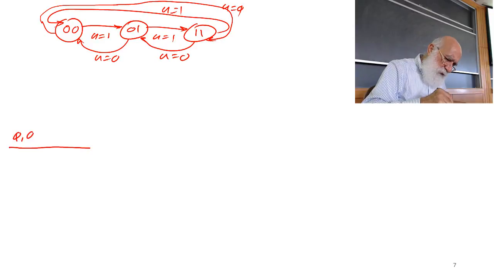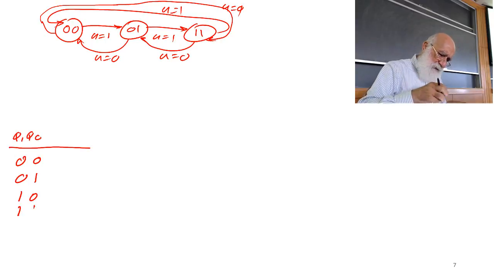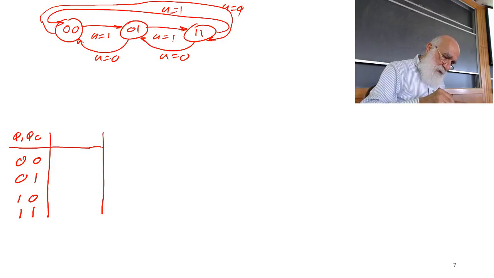Let's call it Q1, Q0, 0, 0, 0, 1, 1, 0, 1, 1. Okay, or maybe I don't want to do that. Let's do this, 0, 0, this. And then I have U equal to 0 or U equal to 1.